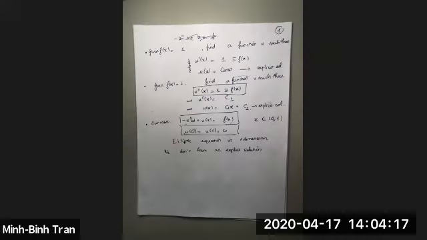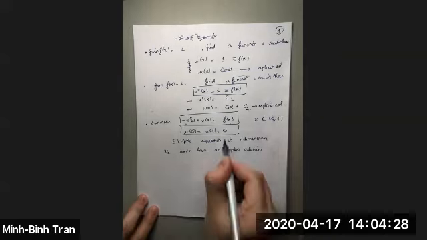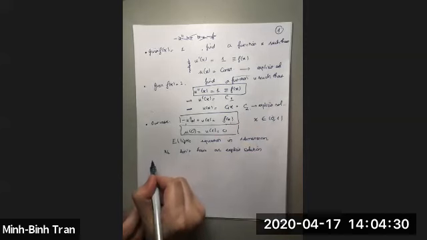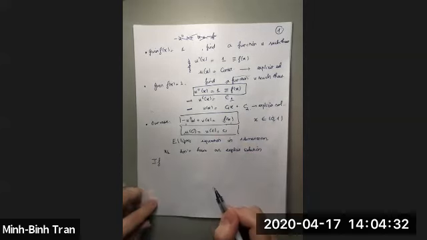So it is kind of hard to find a solution for this equation. So then people invented the so-called weak form.